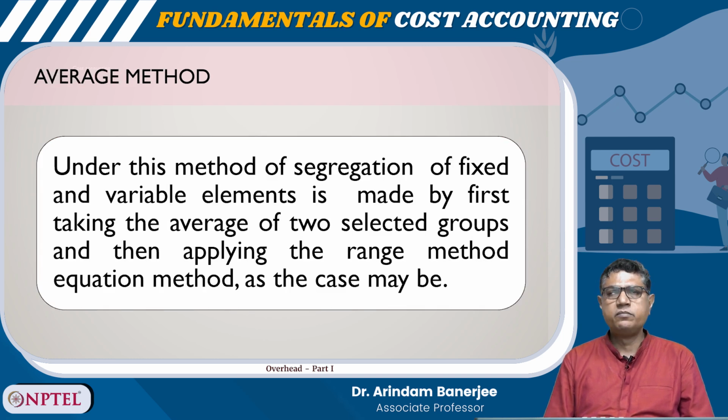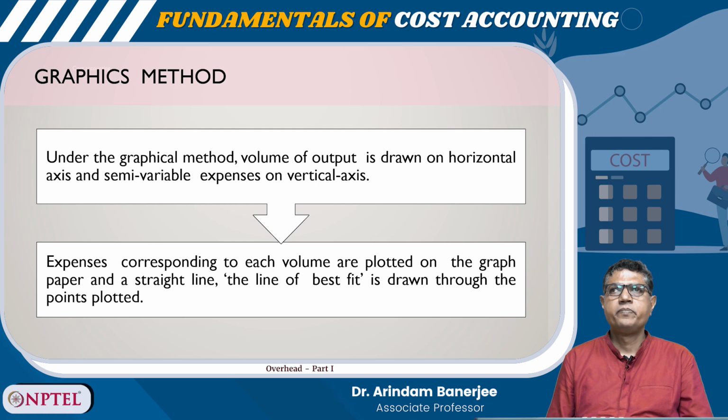Average method is another method. Under this method, segregation of fixed and variable elements is made by first taking the average of two selected groups and then applying the range method or equation method as the case may be, right?